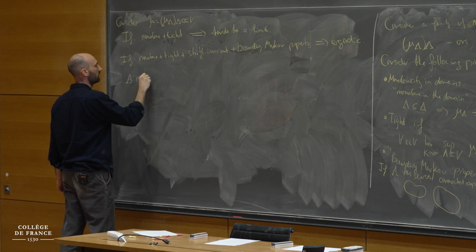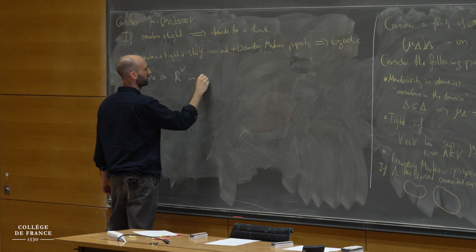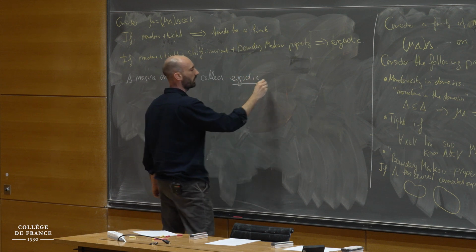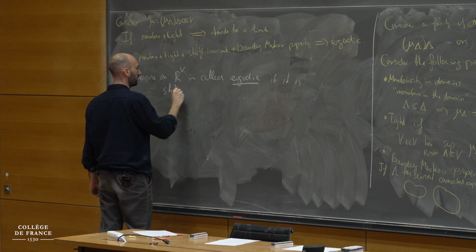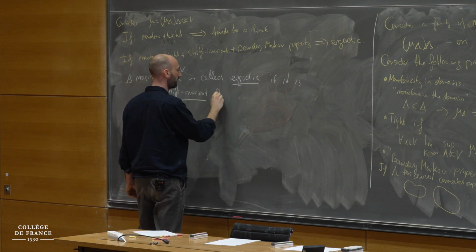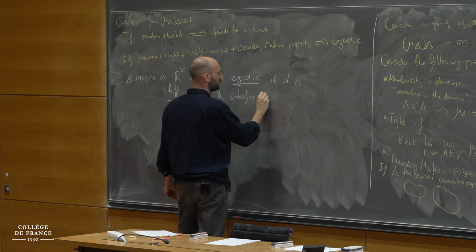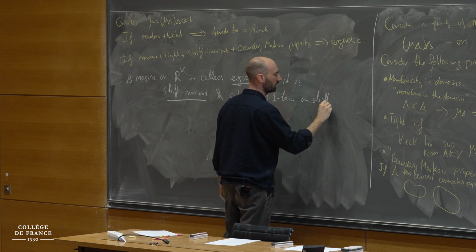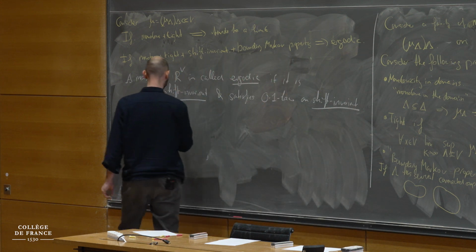A measure on R^V is called ergodic if it is shift invariant and satisfies a 0-1 law on shift invariant events.